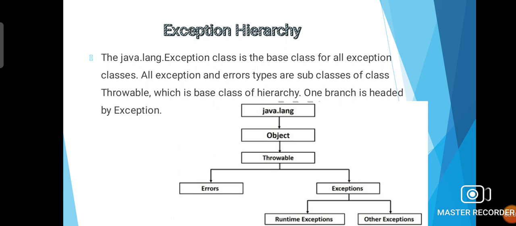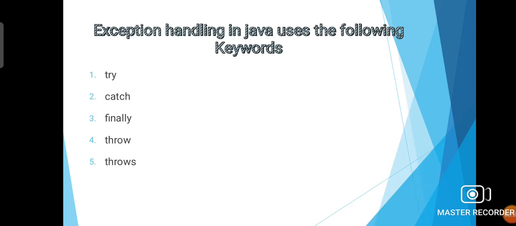Now we can see the diagrammatic representation of the hierarchy. The java.lang package has Object, which has Throwable. Throwable is divided into two classes, Error and Exception. The Exception class is again divided into RuntimeException and other exceptions.